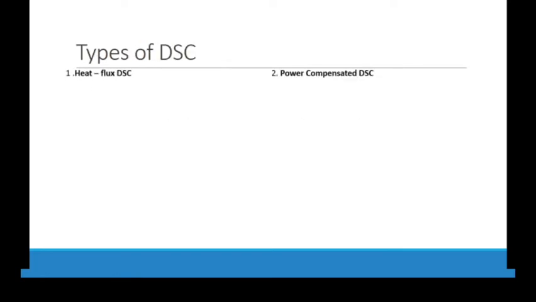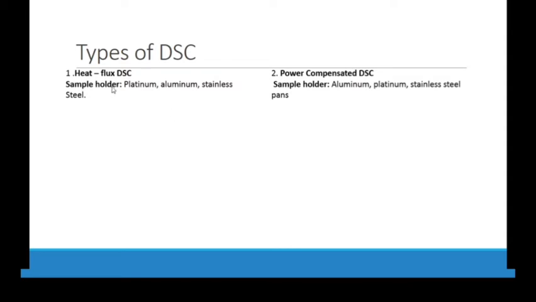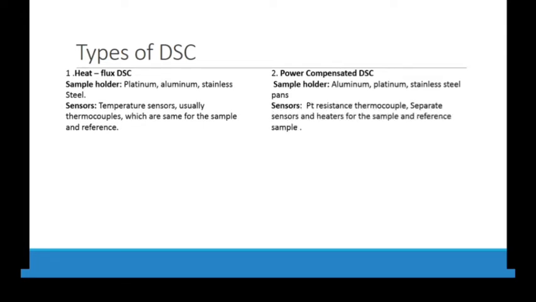So now there are two types of DSC. One is heat flux DSC and one is power compensated DSC. If we talk about the sample holders, both types have the same sample holders. If we talk about the sensor, in the heat flux DSC, sample and reference pan have the same sensors, but in the power compensated DSC, sensors and heater for the sample and reference pan are separate.